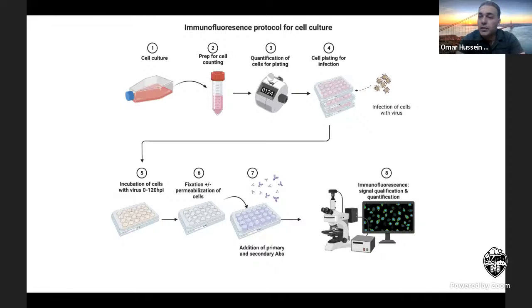So I had to standardize different protocols, then pick the one that helped me finish my experiments. This is a very important thing we have to do before starting the real experiments.